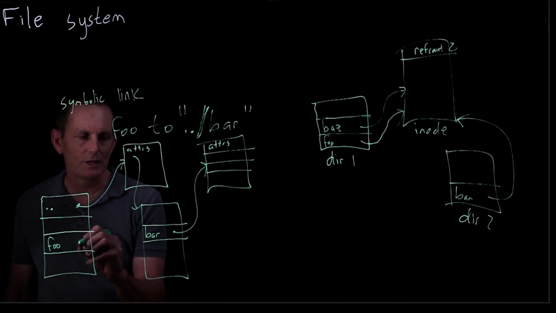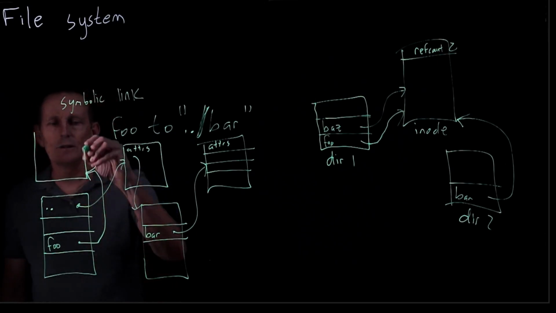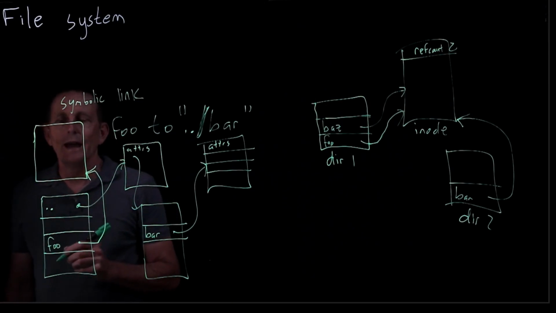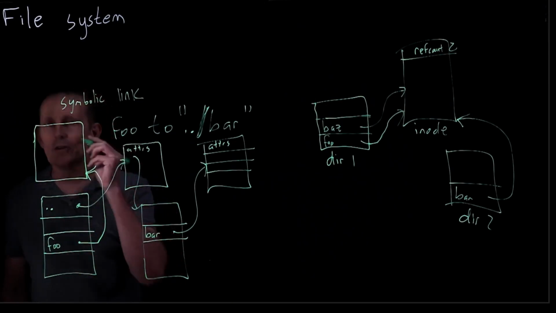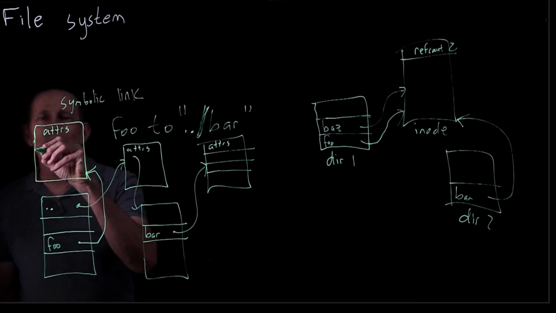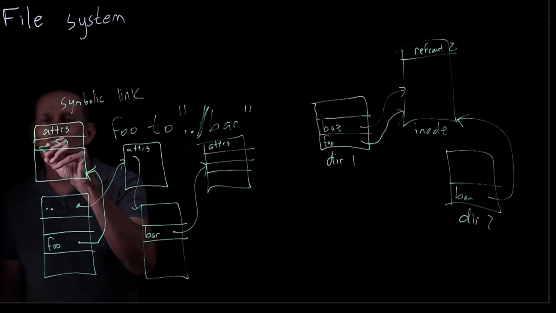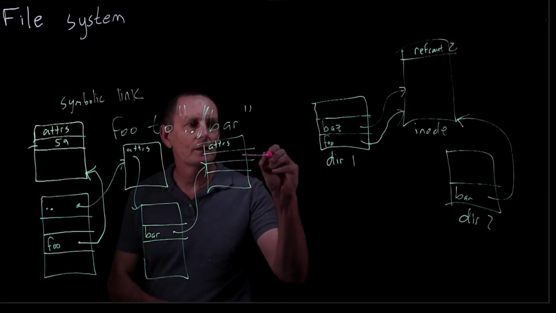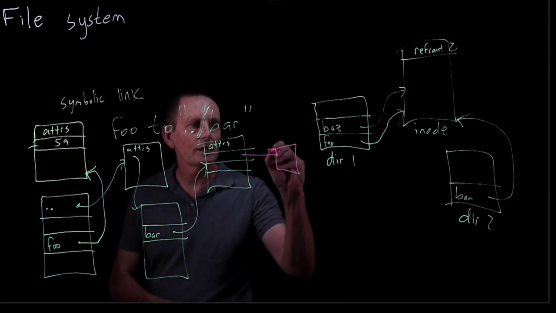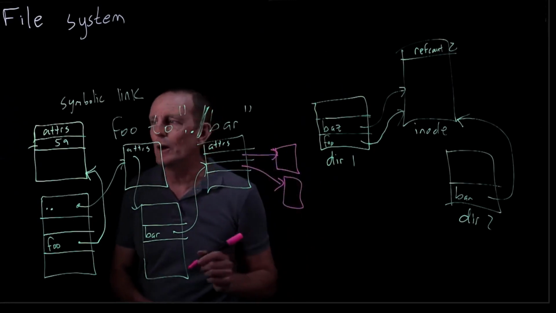All directory entries point to an inode. So let's put it up here. So we have an inode. And here it's going to have course attributes, and it's going to have a single disk block. Let's say this is 59. So disk blocks are going to be in pink. So there's a disk block here, and there's a disk block here, and there'll be more for bar.